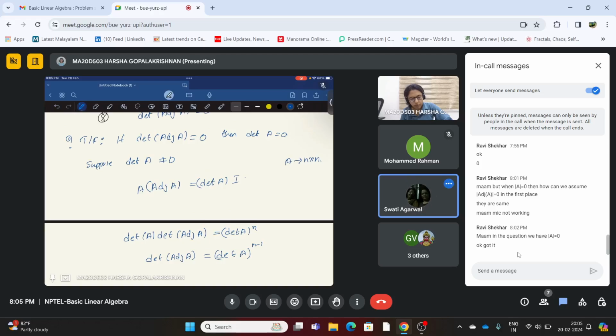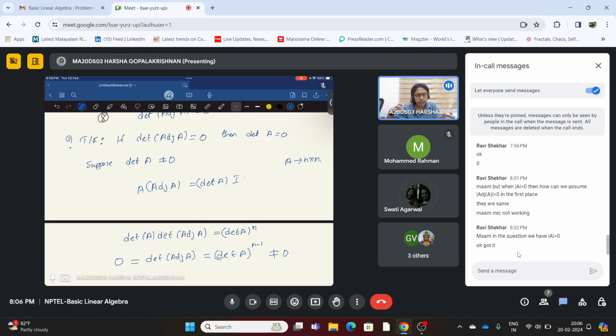Given that determinant of adjoint of A is 0, we have to prove that determinant of A is also 0. So we can replace determinant of adjoint of A with 0, but the other side is non-zero, since we are assuming determinant of A is non-zero. So we got a contradiction again.